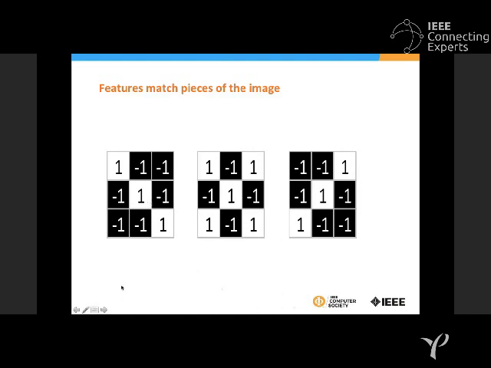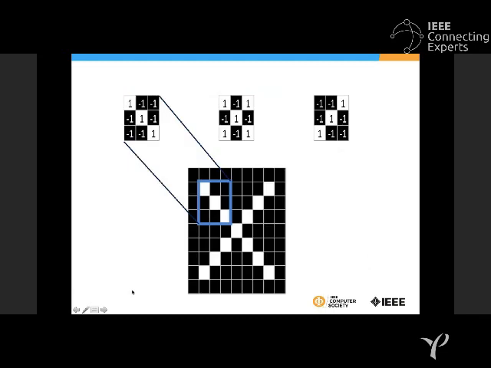Well, let us look into more detail at what I am trying to say. Let's look at this particular diagram. This is a particular pattern. If I try to find the features of this pattern, I can tell that this pattern has a good match with this particular filter here, and this pattern has a good match with this filter here.